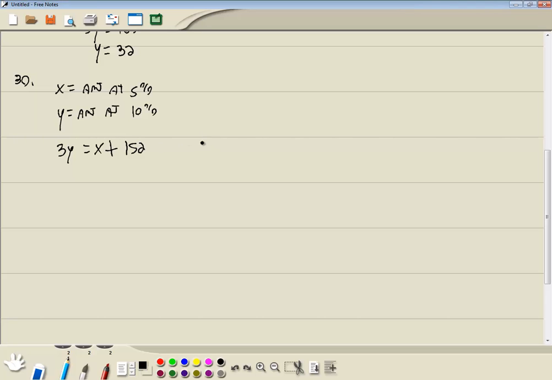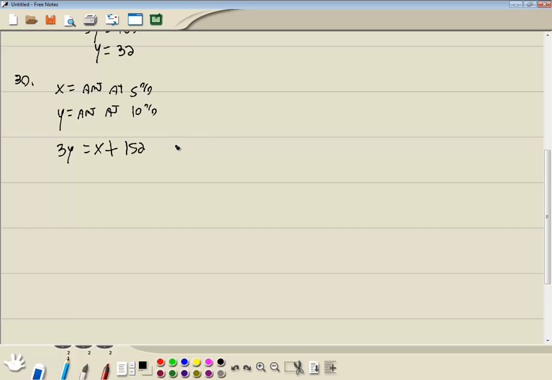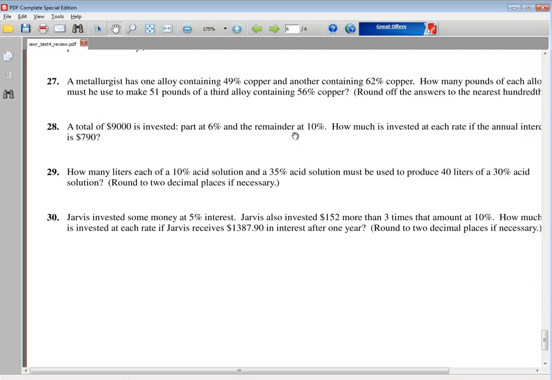We'll see. Okay, now total interest they told us I saw was this. So that means that 0.05x plus 0.10y is going to equal 1387.90.